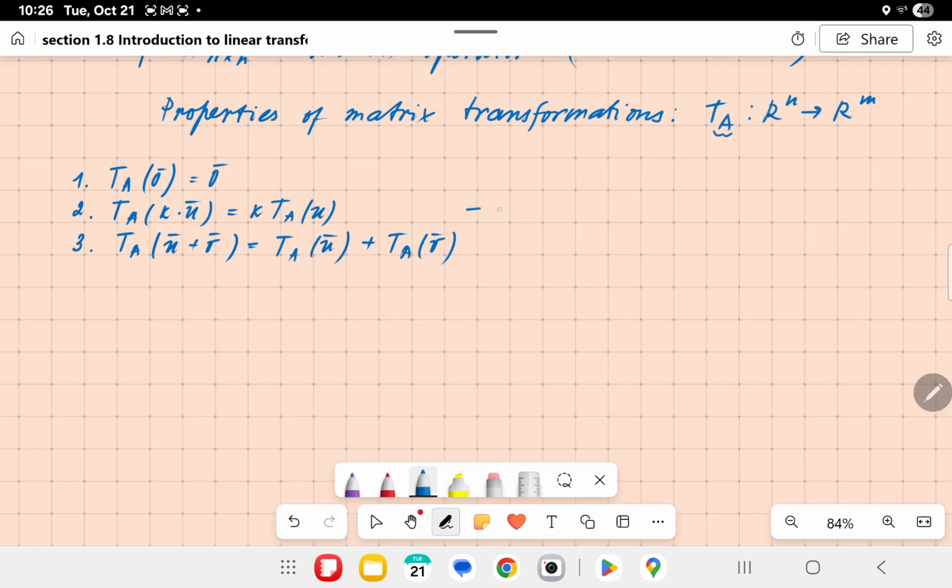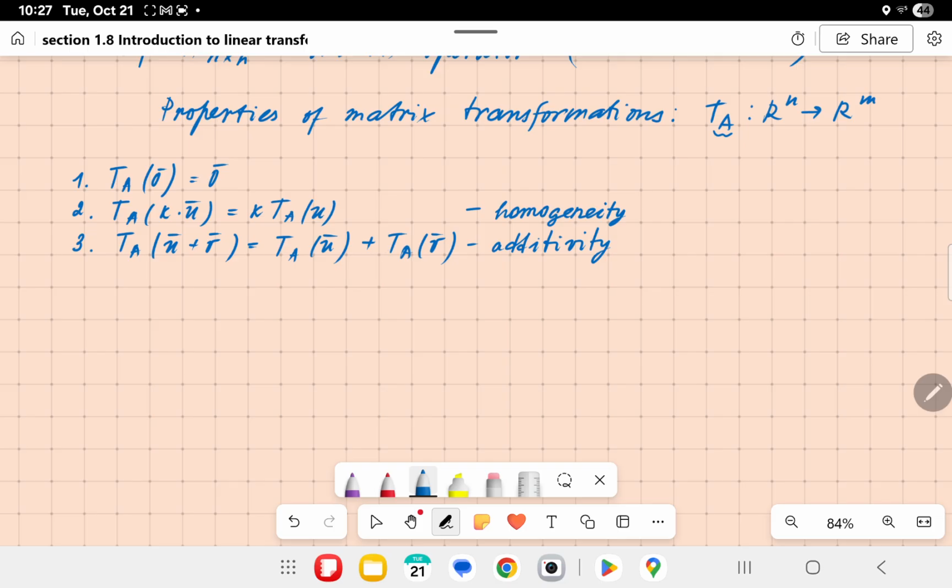This property is called homogeneity, and the second property is called additivity. So actually, matrix transformations are homogeneous and have additivity. You can take a constant outside of a matrix transformation and you can distribute the transformation over a sum of vectors.